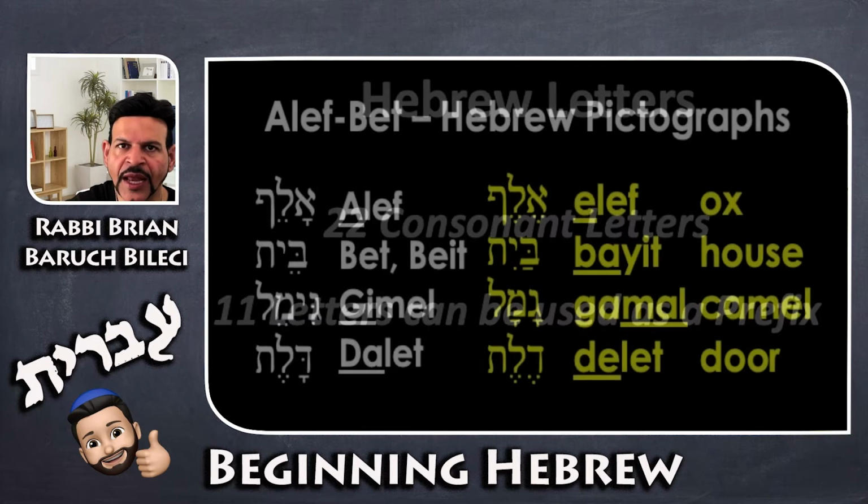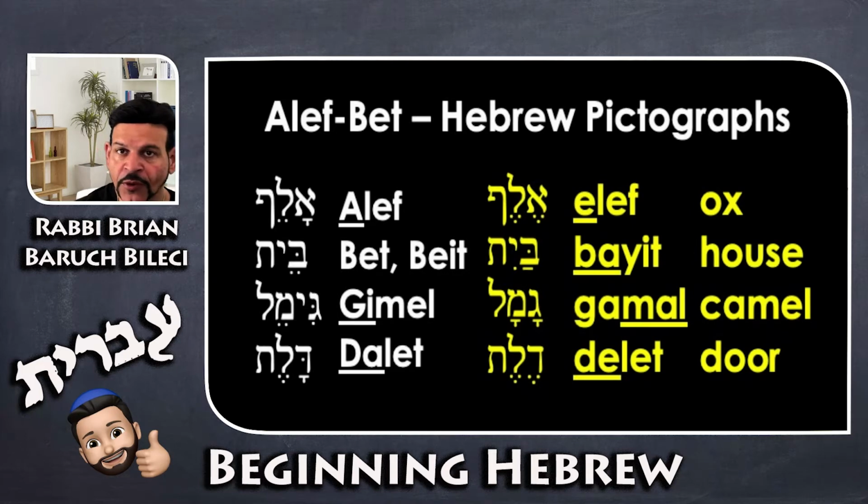Now, as far as the Aleph Beit being pictographs, perfect example would be the first four. The Aleph, an ox head. The letter Beit, picture of a house, in Hebrew, bait. Or the Gimel is the gamal, or camel. And you can see where the G and the C get connected for ABC, which is ABG.